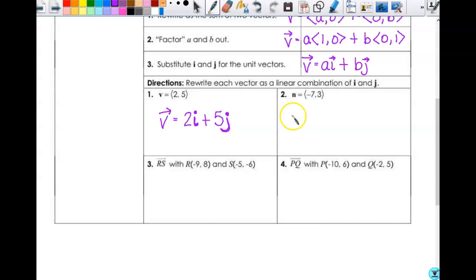So you try this on this one, vector n. Rewrite it as a linear combination. It'll be negative 7 times i, oh, that's a j, goodness gracious. i comes first. i plus 3j.